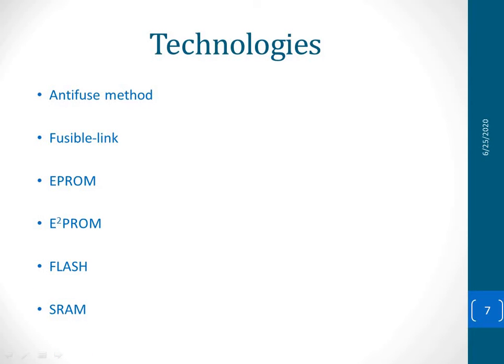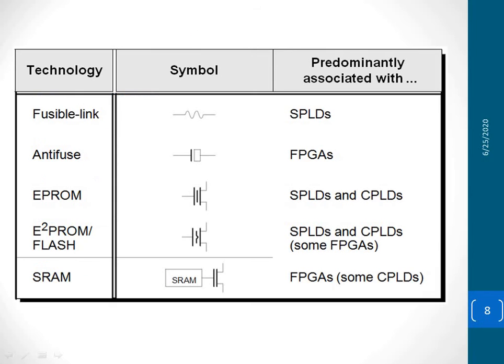All this we have studied already earlier in FHDL. Antifuse and fusible link are one-time programming, whereas EEPROM, flash and SRAM are not one-time programming, they can be reprogrammed.